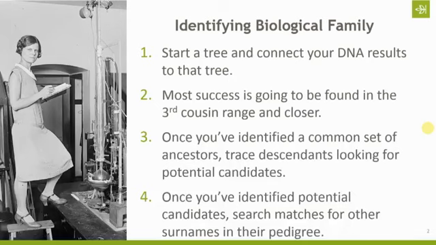Now, I know that there is a little bit of a movement afoot among some of the search angels and some of the people who work with adoptees to create what we call mirror trees, and then to attach those DNA results to switch them from tree to tree to tree. I would strongly discourage against that particular process.